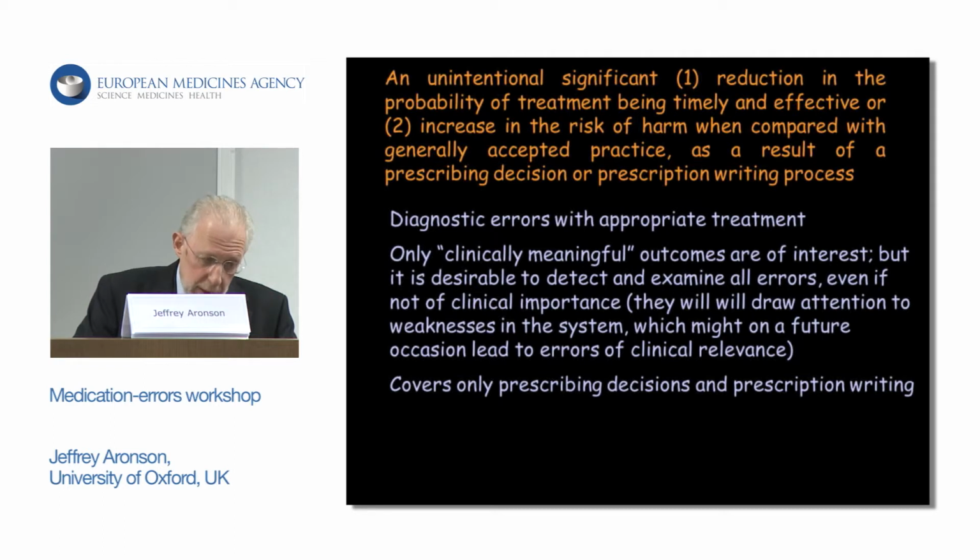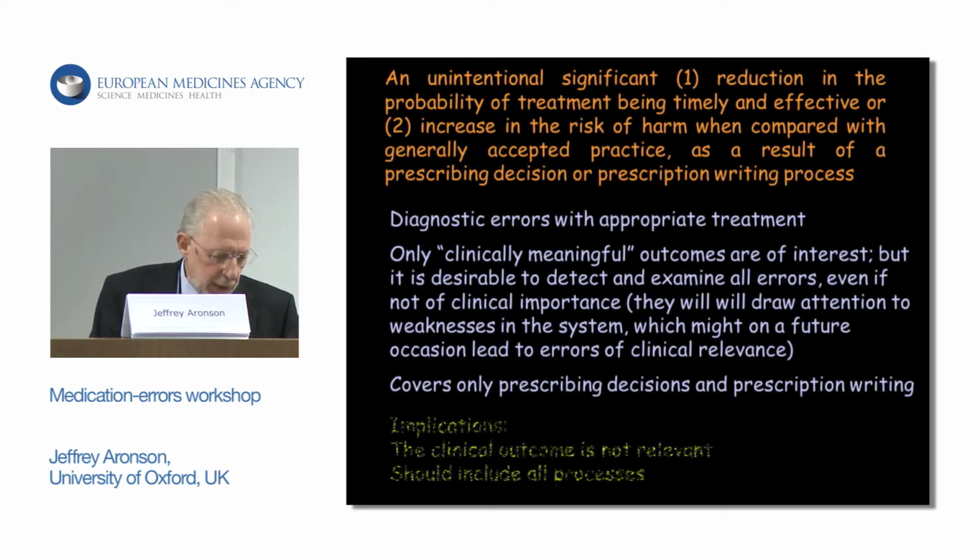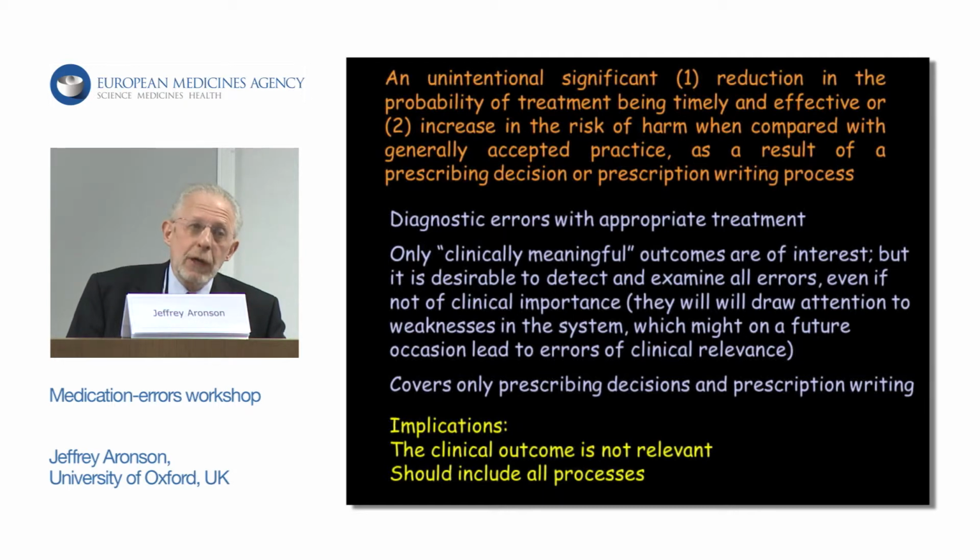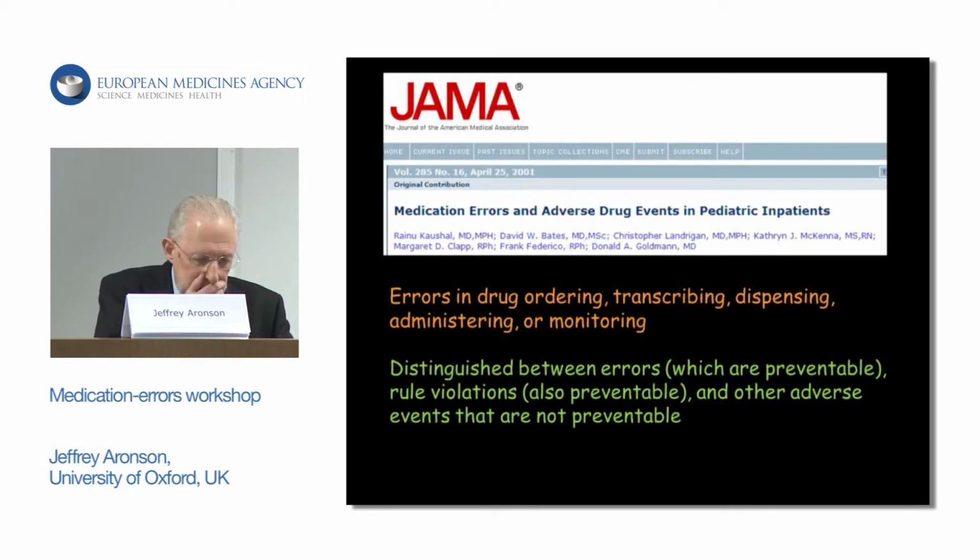So one should not exclude clinically unmeaningful, if that's meaningful, outcomes. And as I said, it covers only prescribing decisions and prescription writing, but one could extend it. That's not a main problem. So the implications of this are that the clinical outcome is not relevant, whether harm occurs or not. And as I've said before, one should include all processes.